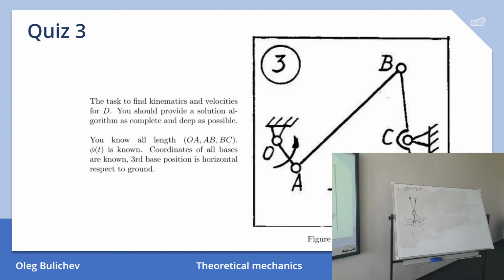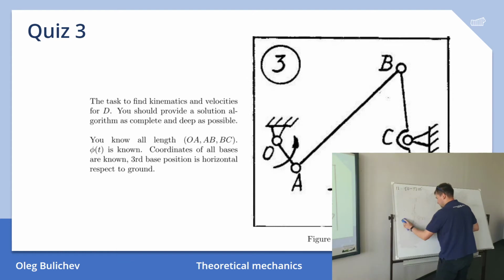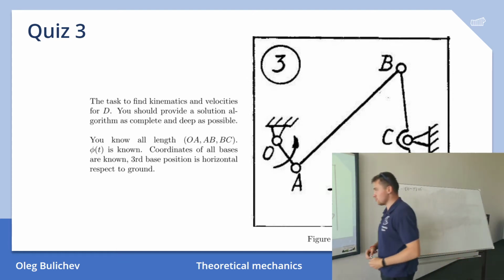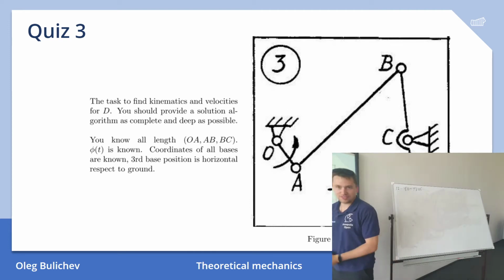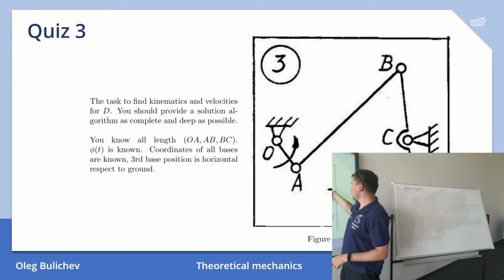So, how to solve this task? As I told you before, you need to decouple this mechanism into mechanisms. The first mechanism is a folding bar. We covered it in the previous class.